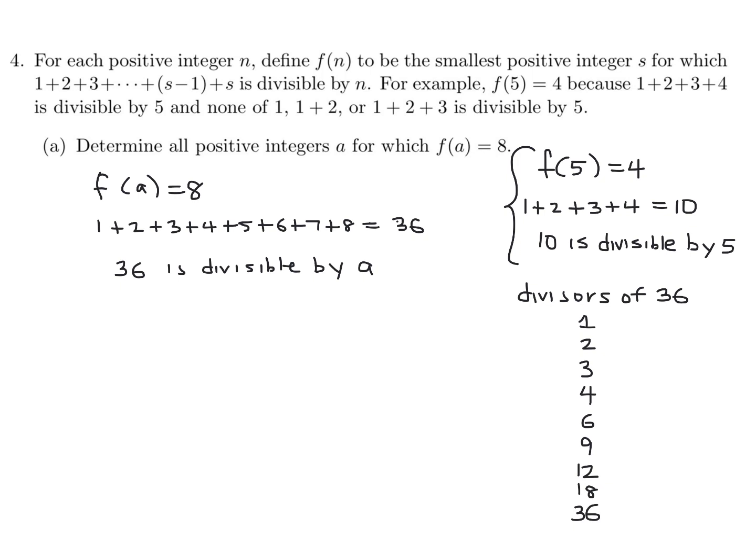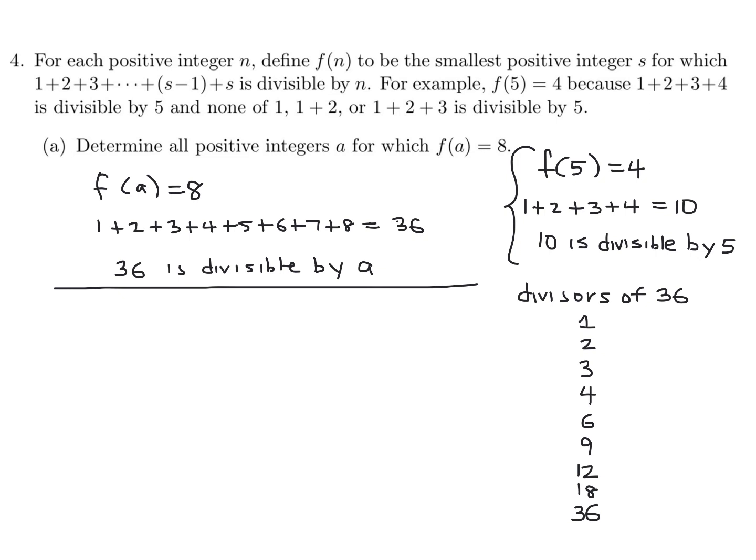So these are the divisors of 36. Now, you say, well, is that it? Is the question over? These are the possible values of a? Well, it's not that simple, and I'll explain why. So let's work with this one by one to see why only some of these values are actually going to satisfy that while others don't.